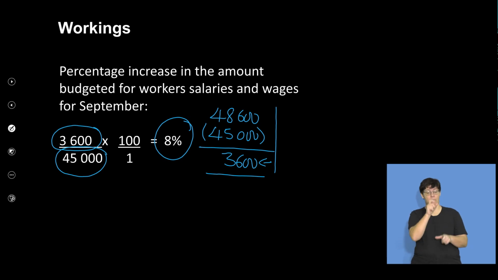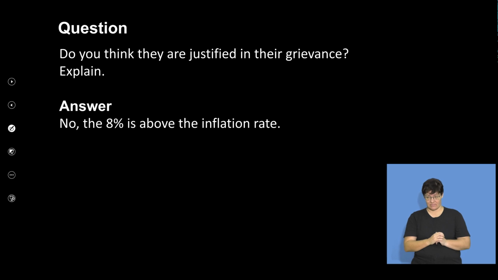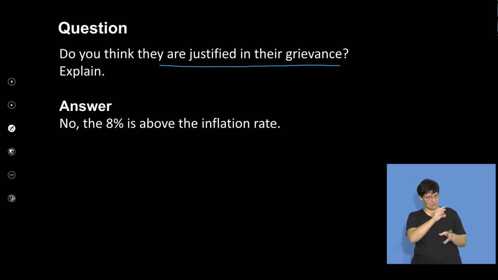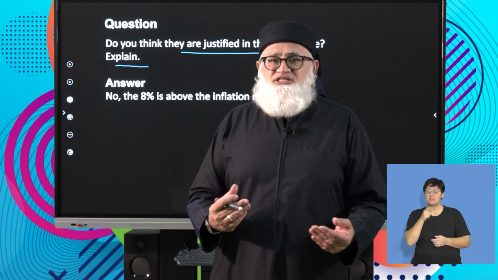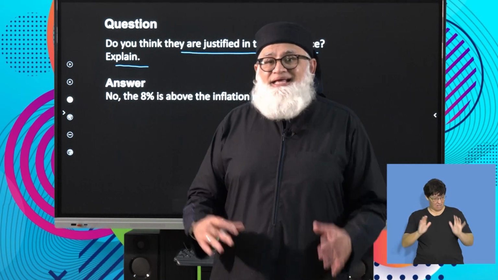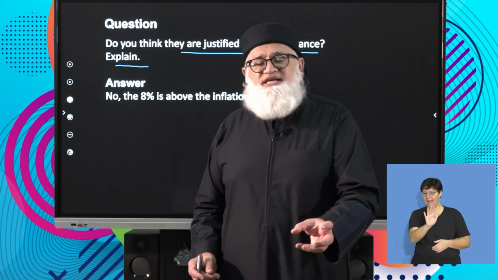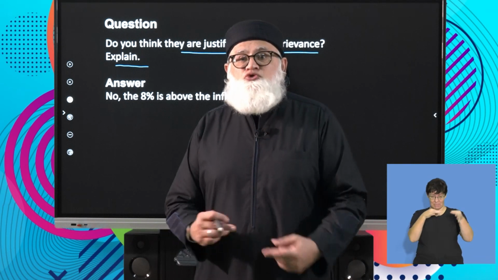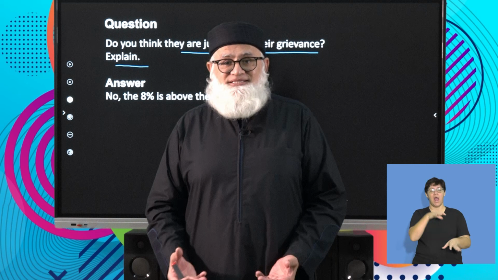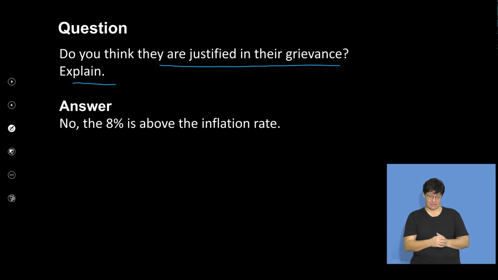Now, do you think they are justified in their grievance? Explain. When a question says, do you think they are justified, explain, it does not just require a yes-no answer. You need to give a yes-no answer, but you need to explain that answer. In this case, the answer is no. And why is it no?